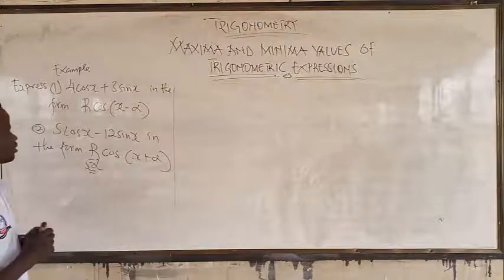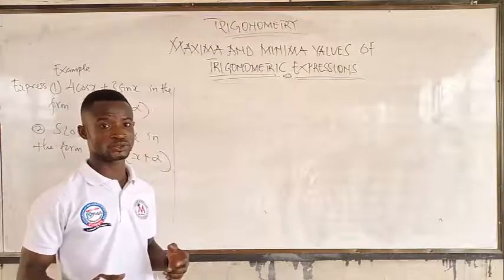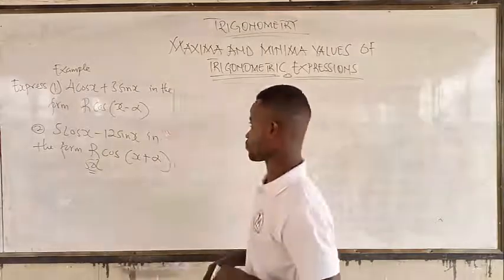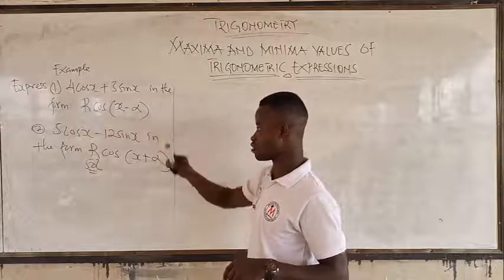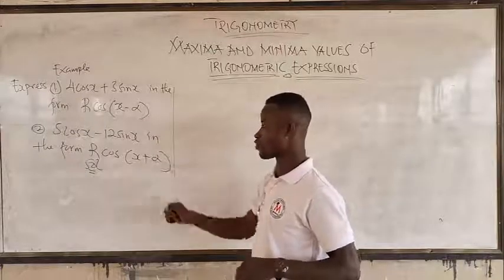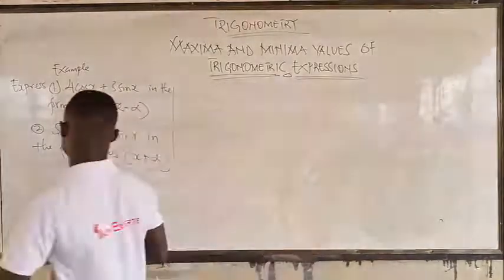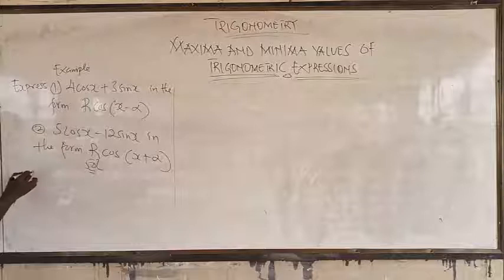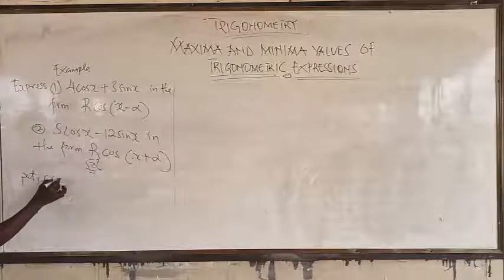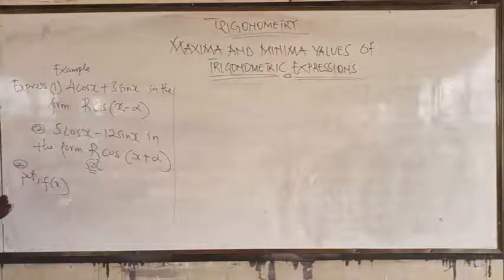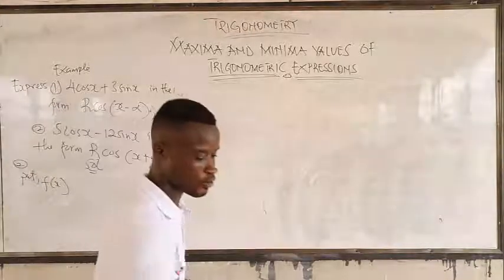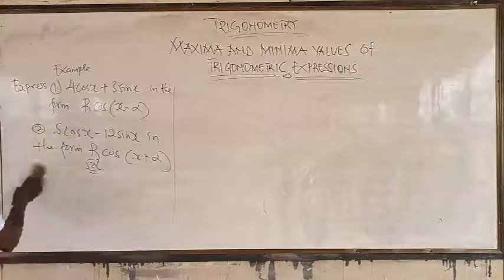I would like to do the two so that you do question one yourself, since we have expressed this before. I haven't expressed the second before, so let me go for it. To express this in this form, first you put f of x. I'm solving question 2.